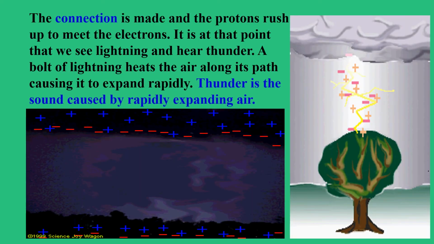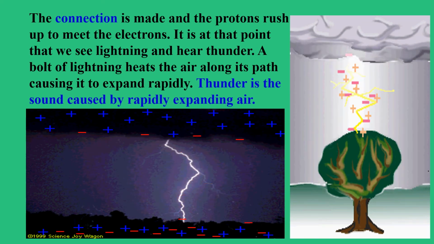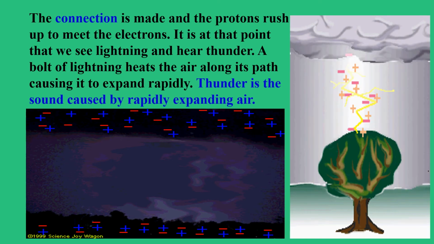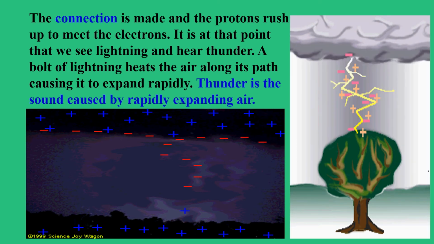The connection is made and the protons rush up to meet the electrons. It is at that point that we see lightning and hear thunder. A bolt of lightning heats the air along its path, causing it to expand rapidly. Thunder is the sound caused by rapidly expanding air.